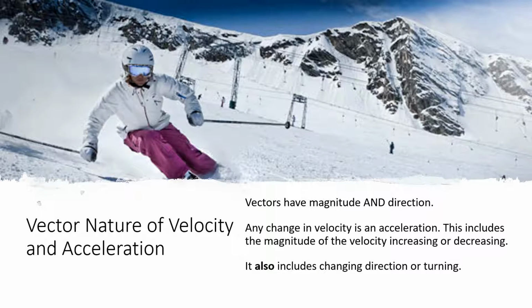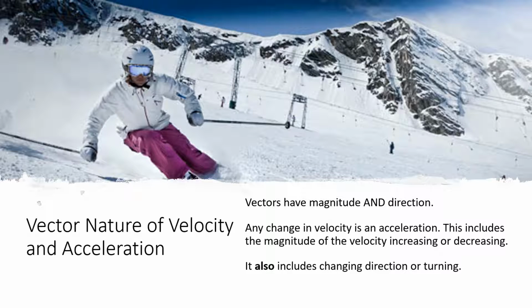Now, keep in mind, we've been talking a bit about this idea of a vector, that we can have both direction and magnitude. So when we're discussing these things, it's important to understand that not only could the magnitude increase, which would be reflected by the slope in a graph, but you could also have a change in direction create an acceleration. You might have felt this if you've taken a turn in a car.